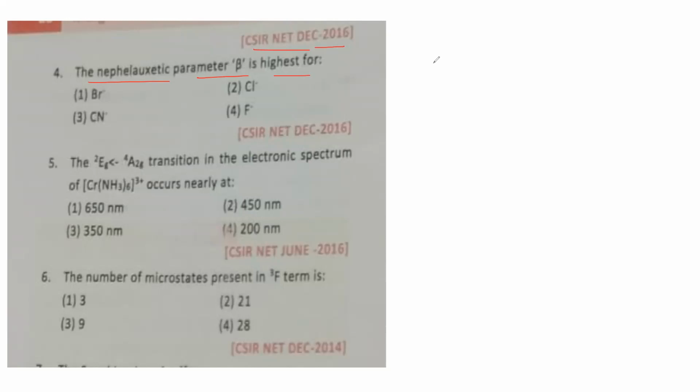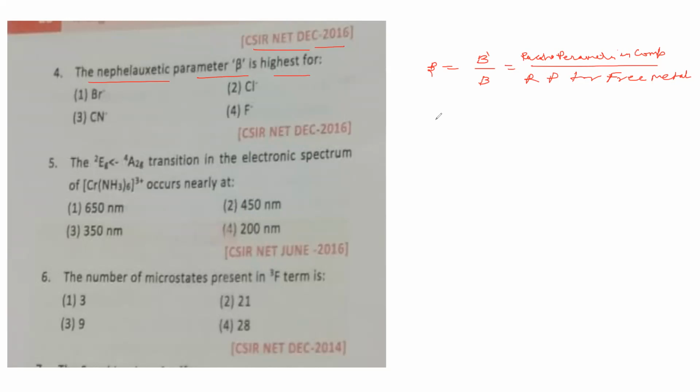This parameter beta can be calculated with the formula beta = B dash by B, where B dash is the Racah parameter in the complex, and B is again the Racah parameter for the free metal. So we have to understand the Racah parameter.